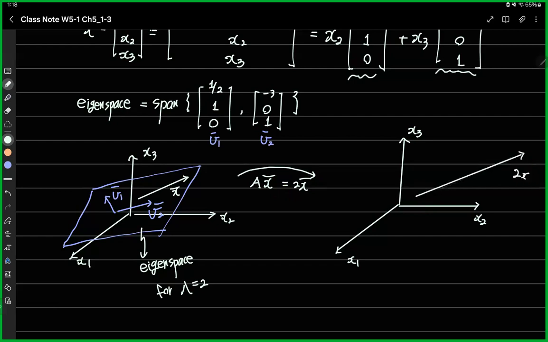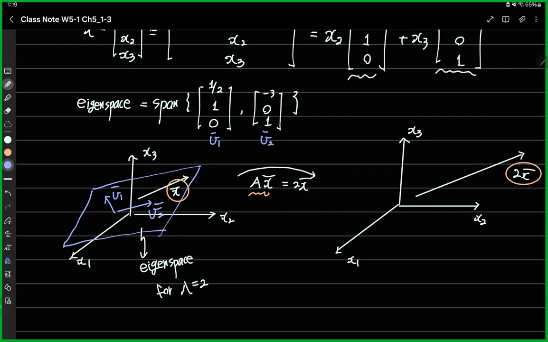There's 2 X bar. So X bar is stretched out by a factor of 2 by the matrix A. Now you see clearly how the matrix A works if we multiply the matrix by a vector on the eigenspace.